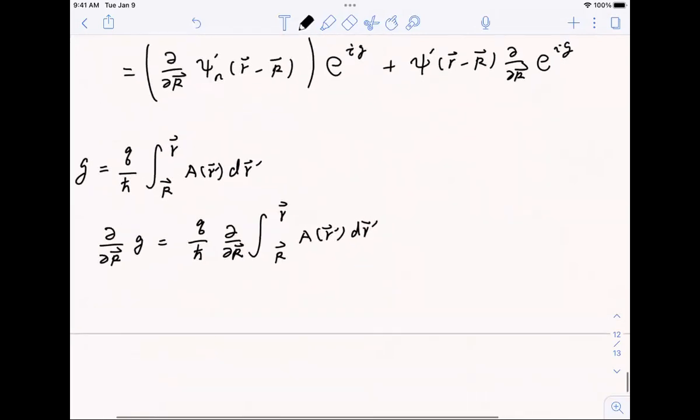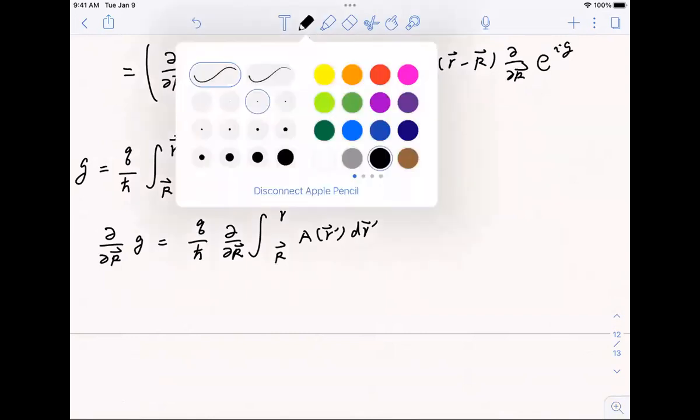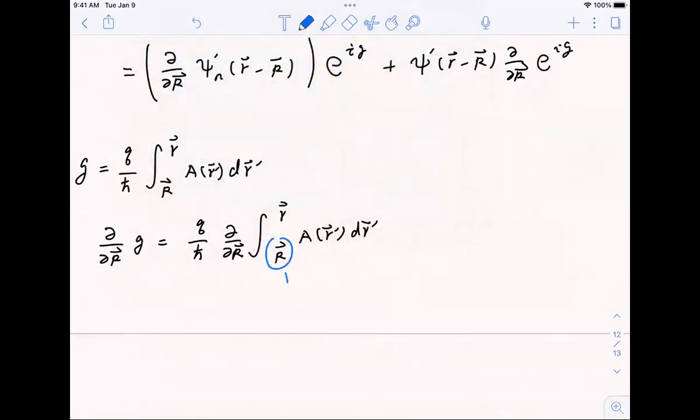When we first defined this, it's an arbitrary point that you pick. We just set it as R here.